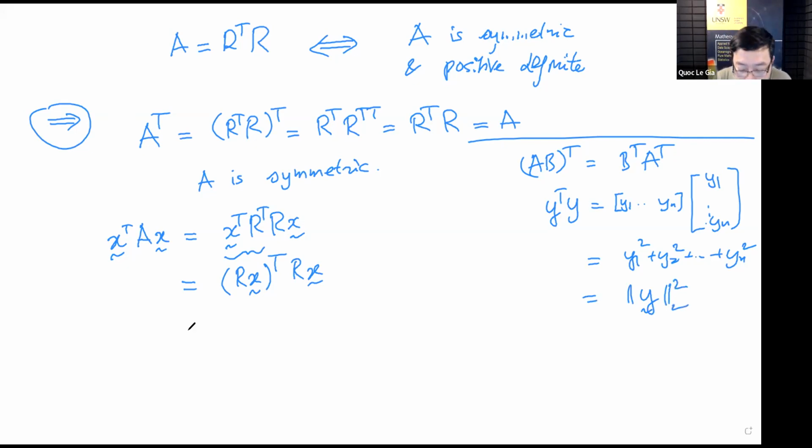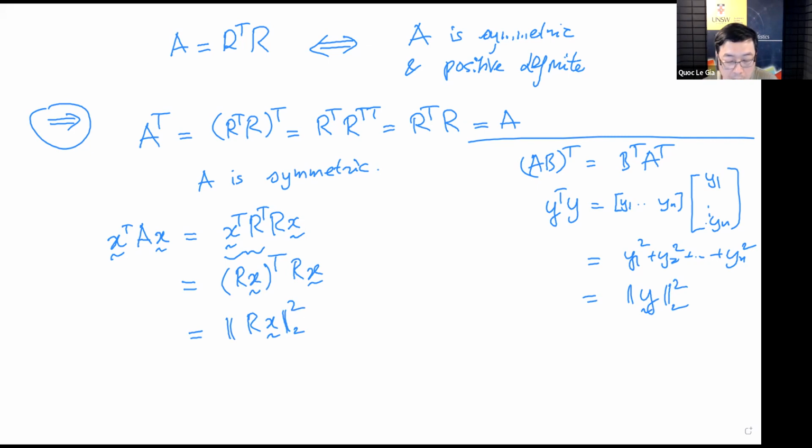So I'm going to use this identity, and with Y equal to Rx, I get the two norm of Rx squared.